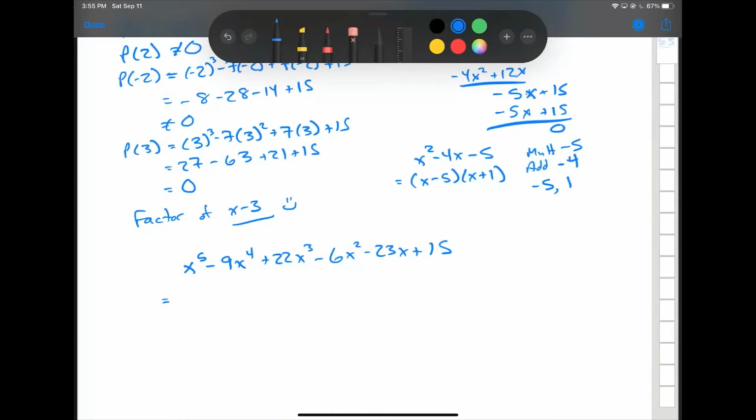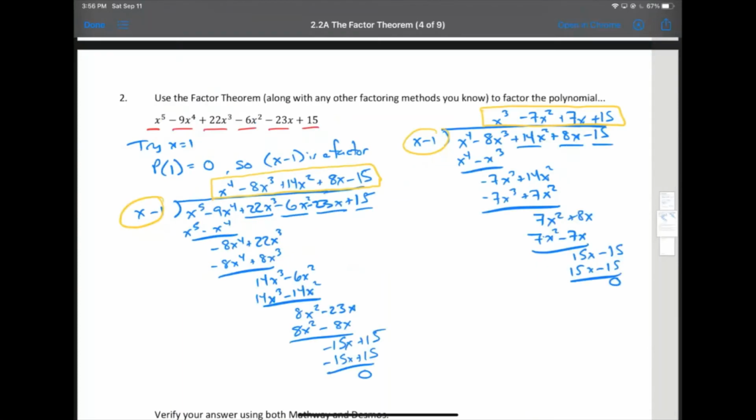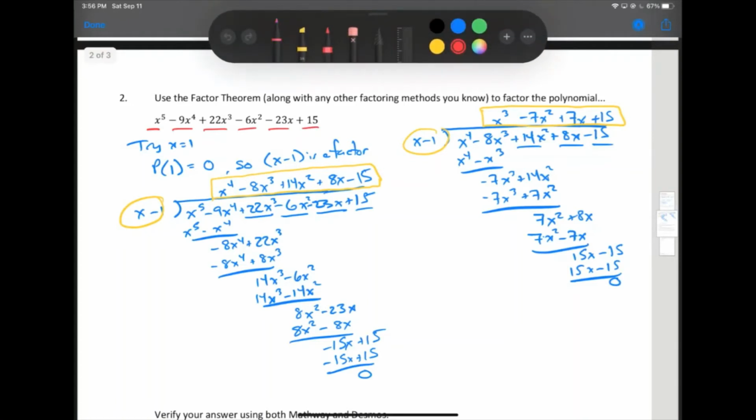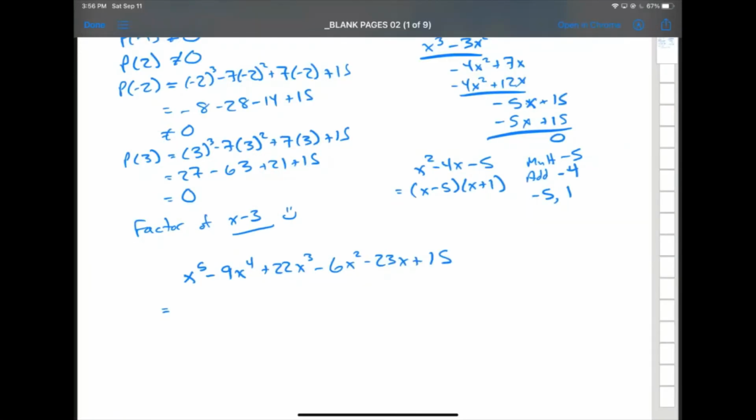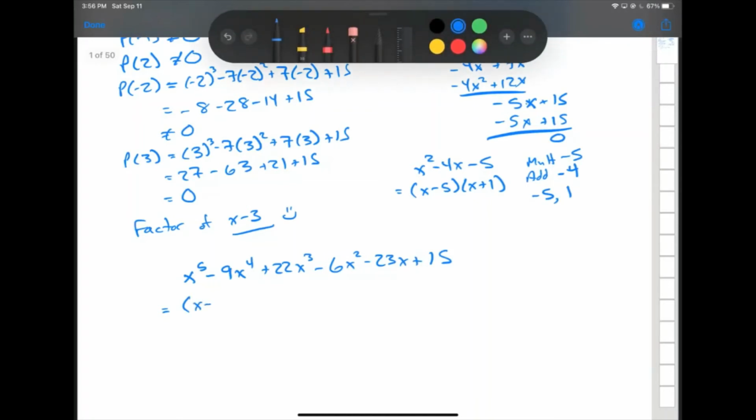Well, the first thing we did is we found out it was divisible by, was it x minus 1? So I just flip back to the other page here. So, yep, we had an x minus 1 and another x minus 1. So now I can say we have factors of x minus 1, x minus 1, and then we found an x minus 3, and then our final two were x minus 5, x plus 1.